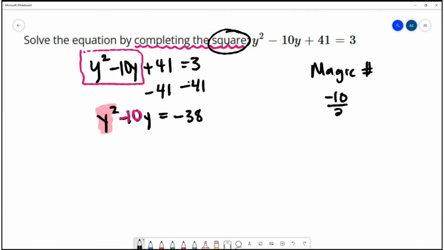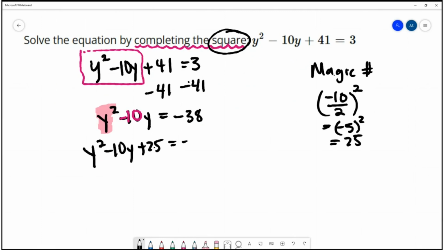And you take that number and divide by 2 and square it. Negative 10 divided by 2 is negative 5. Negative 5 squared is 25. That's our magic number that's going to make the whole problem work out. So we're going to add that number to both sides of the equation, so that we stay balanced.